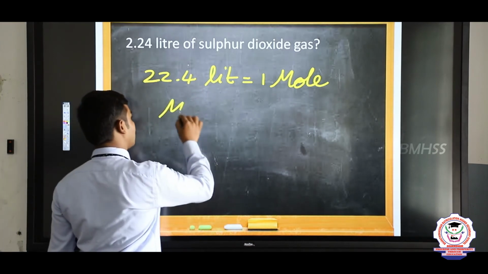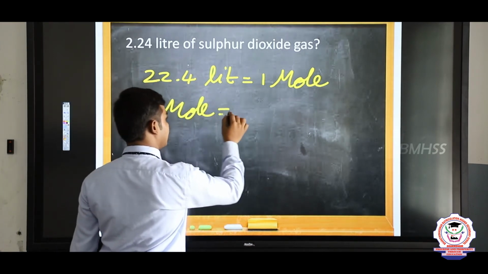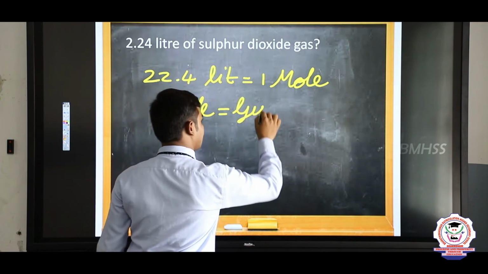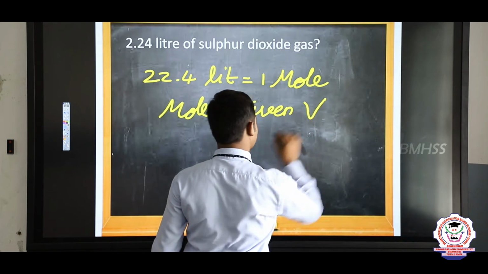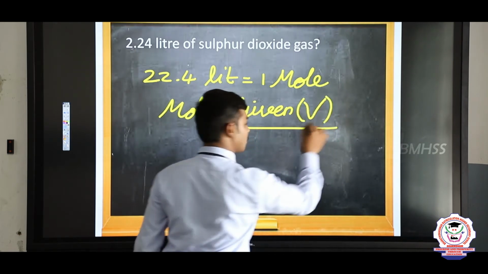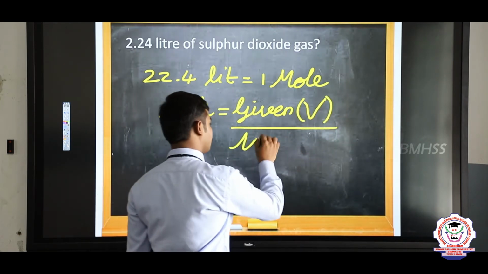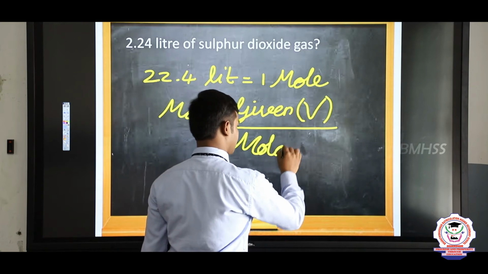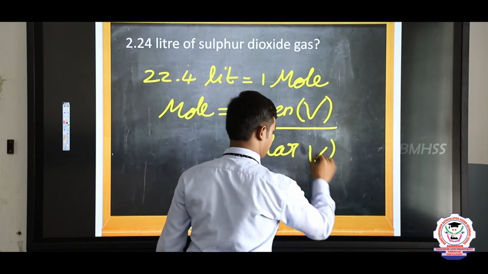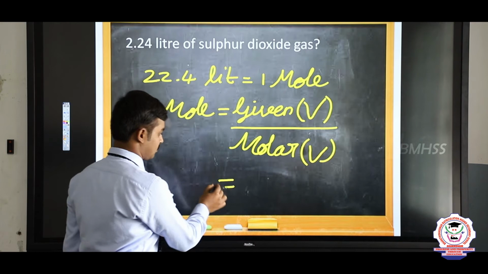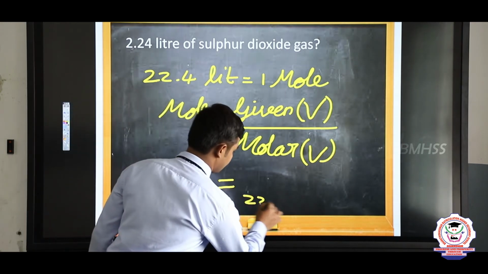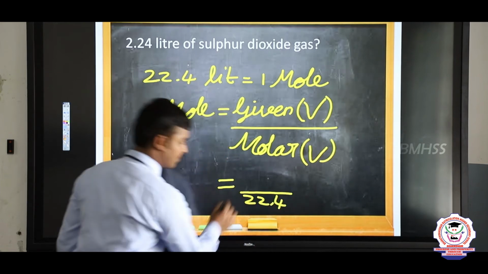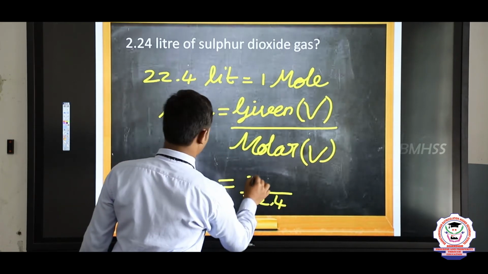To find a mole, we need to divide the given volume by the molar volume. The molar volume is 22.4 liter and the given volume is 2.24 liter.